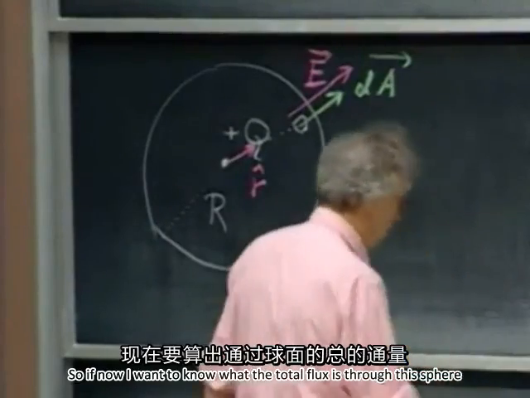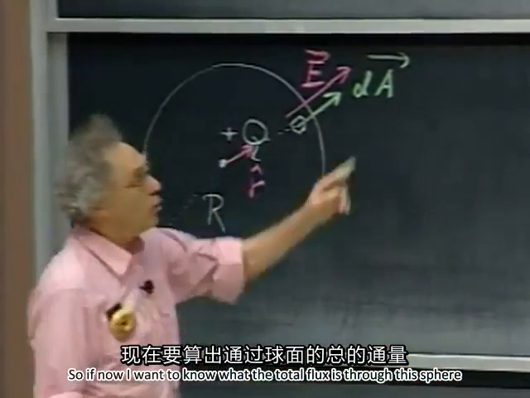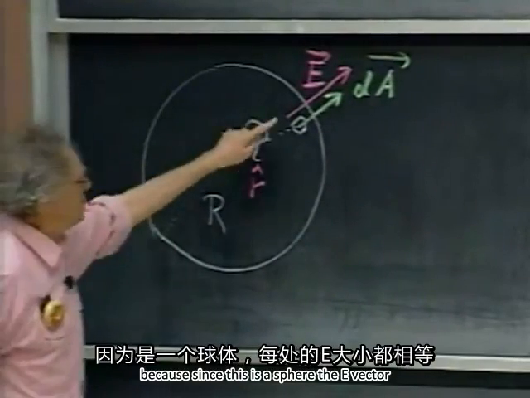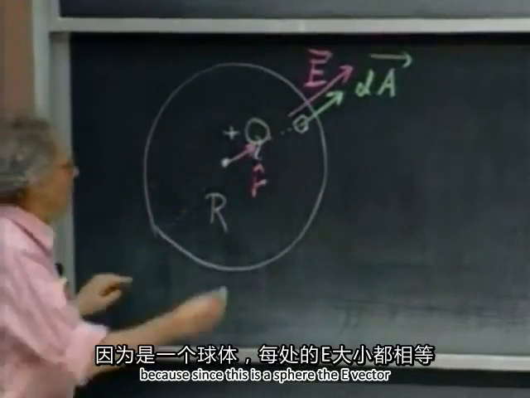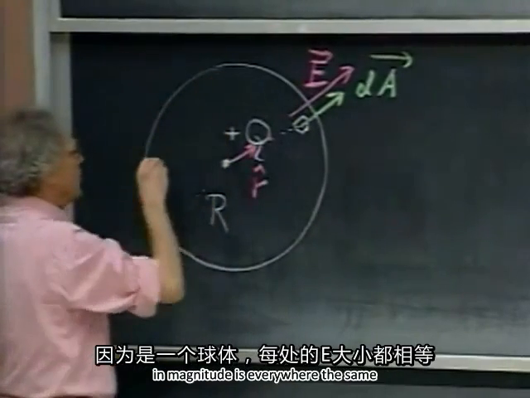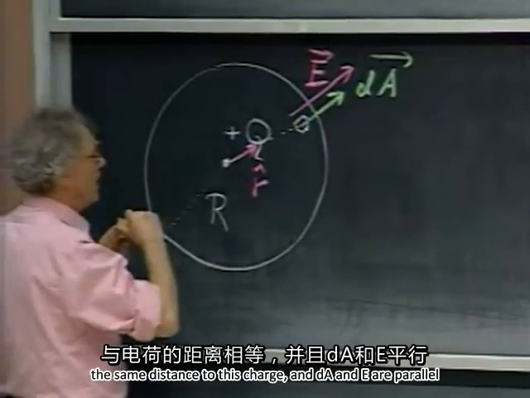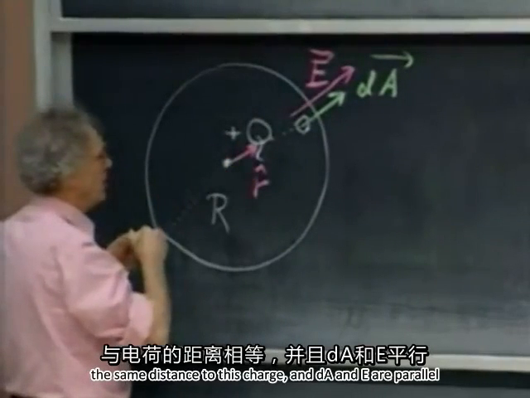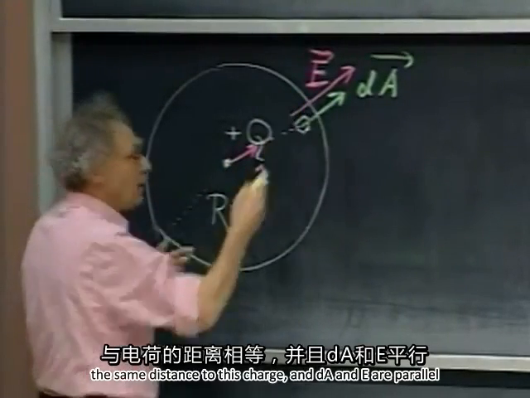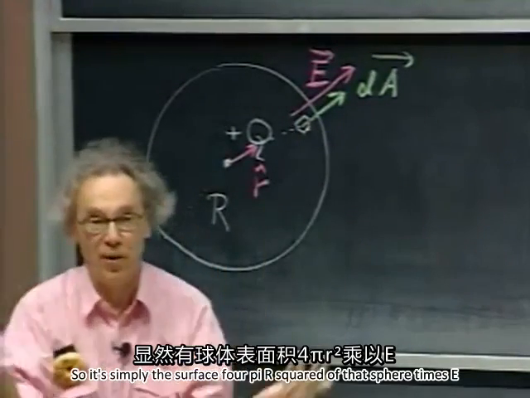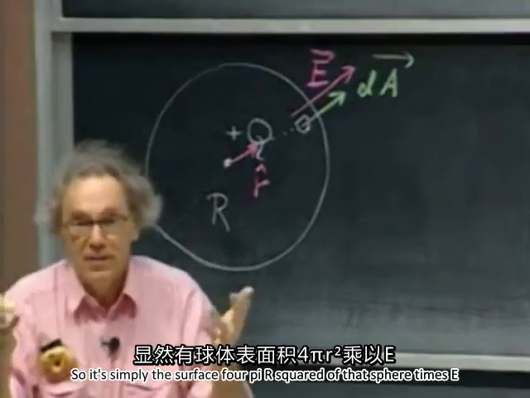So if now I want to know what the total flux is through this sphere, that's very easy. Because since this is a sphere, the E vector in magnitude is everywhere the same, because the radius is the same distance to this charge, and dA and E are parallel. So it's simply the surface 4 pi r squared of that sphere times E.